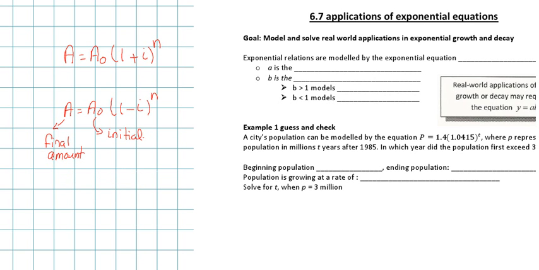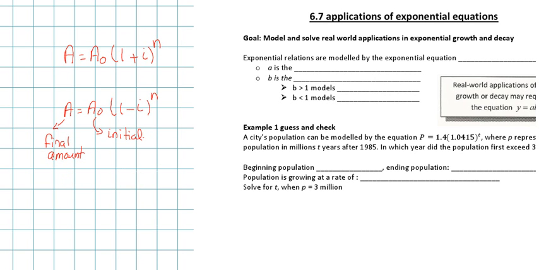Now, why do I have 2 different equations? What's the difference between the 2? Look at them. Tell me what's the difference. One positive, one negative. Right? The positive represents the growth. Let's say I'm just going to give you an example of money because money makes sense.